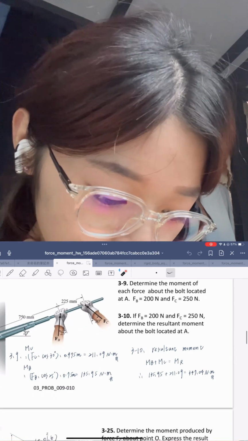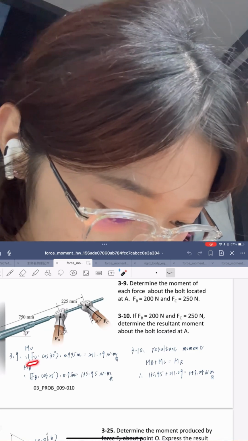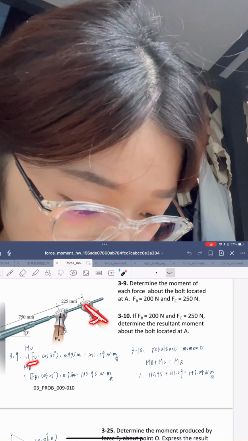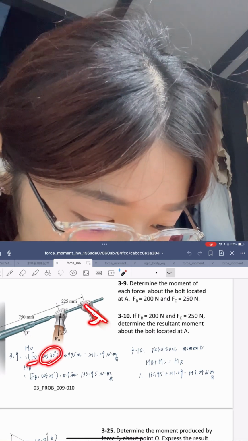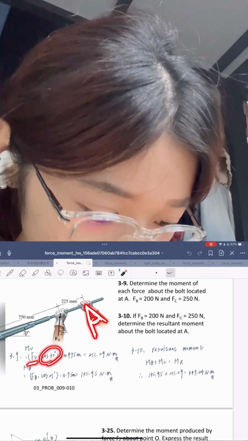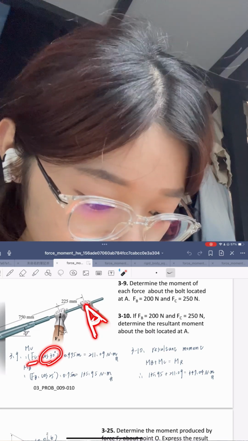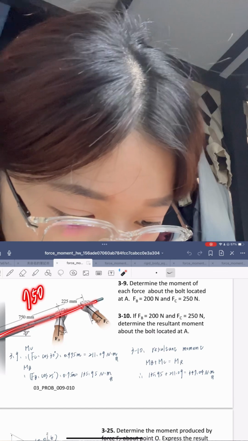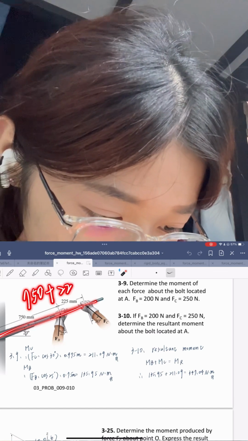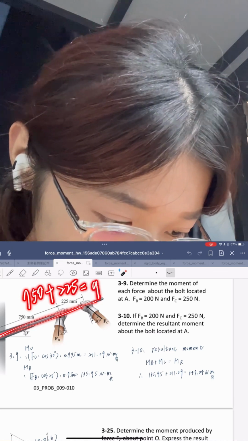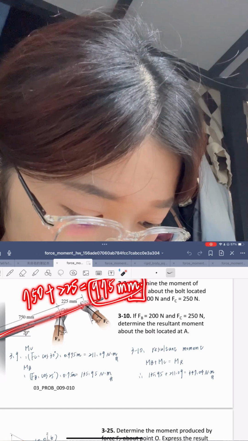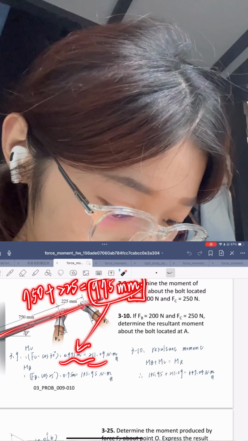Okay, so the FC, because FC is have the 30 angles, just with the cosine, and cross this, same thing, plus 200 with this. So we change for the meters, just like this, so we will know the answer.